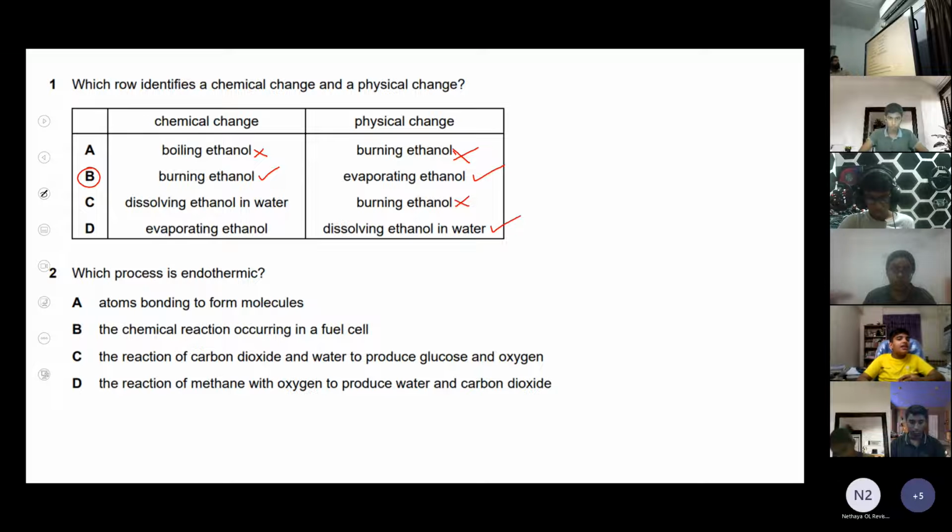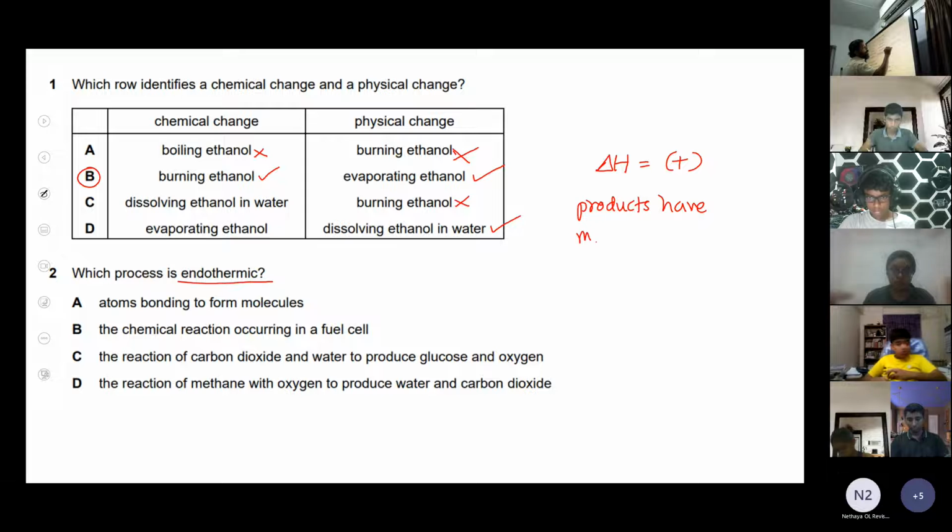Which process is endothermic? Endothermic means, in several ways you can argue, delta H is plus. Products have more energy than reactants. Now don't mix this up with bond energy.